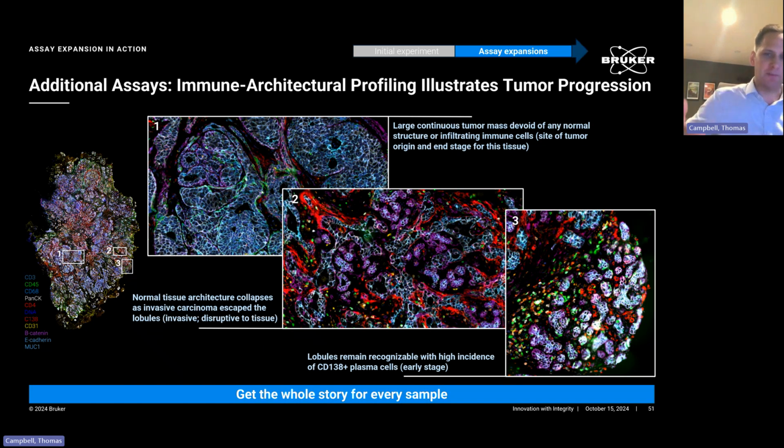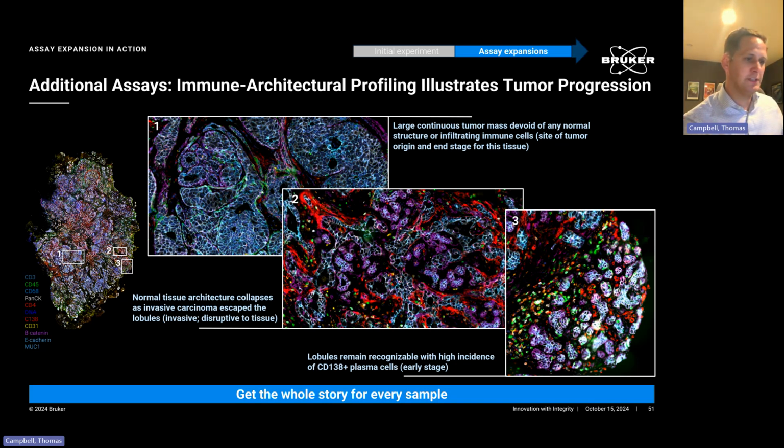And we can just keep going with the same section over and over again, reinterrogating and reanalyzing. And this is a really nice section because you can see the progression of the disease across the specimen.